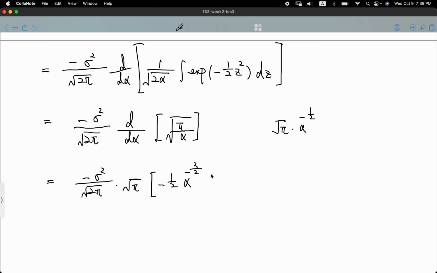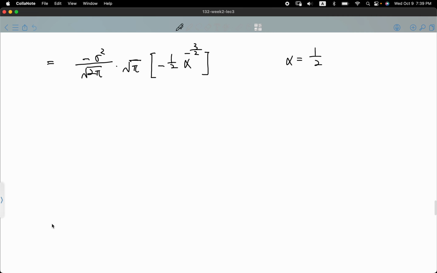Okay, so no more differentiation or integration anymore. And recall that alpha that we defined as 1/2. So now we have a copy of 1/2, and then also 1/2 raised to the power of that. So this is essentially negative sigma square over square root of 2 pi.